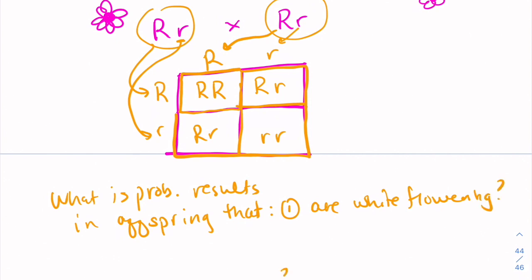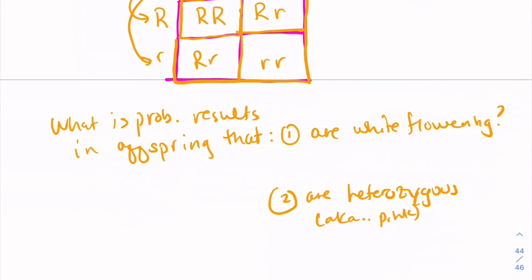Or maybe we could ask, what is the probability that this cross results in offspring that are heterozygous? AKA in this one, they'd be pink. And what is the probability that they are red flowering?